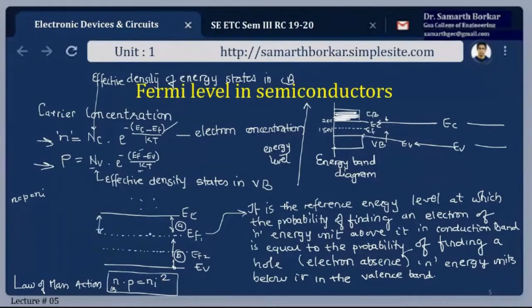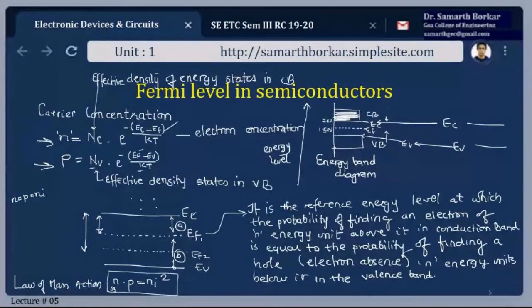Basically all these are discrete energy levels with some values associated with them. So this difference is less as compared to this difference. So EC to EF2 is higher than EC to EF1.